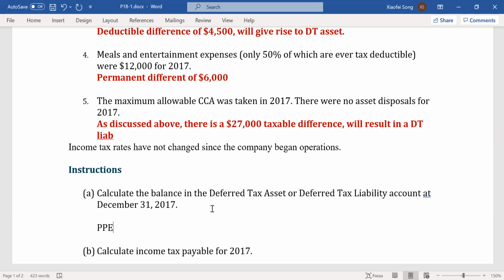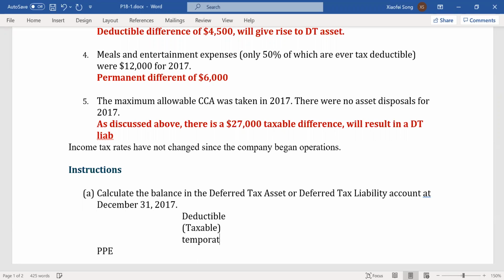Let's make a table. For the temporary difference, deductible will be positive and therefore taxable will be negative. So this is how we denote differences.